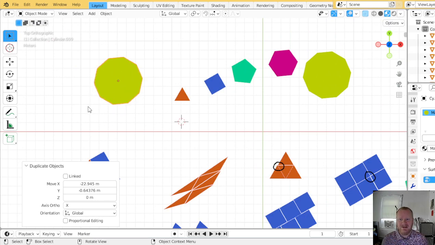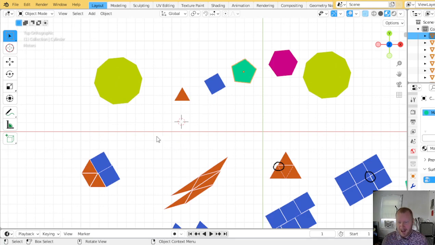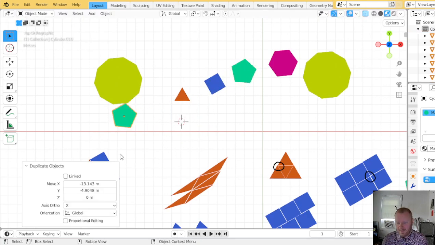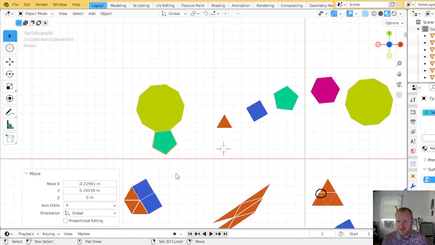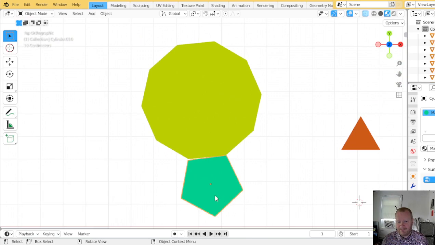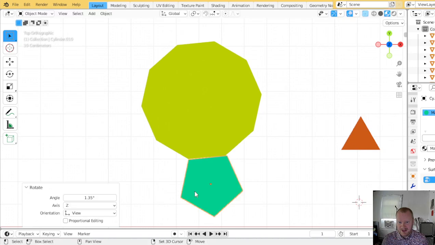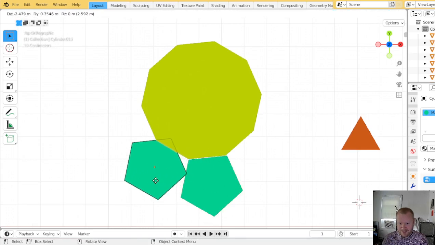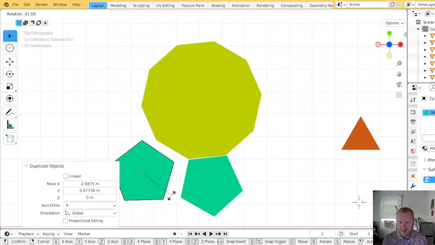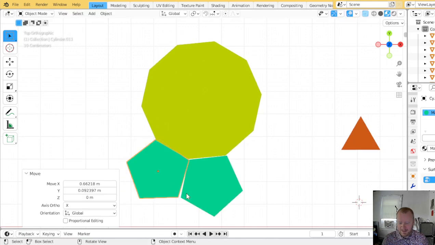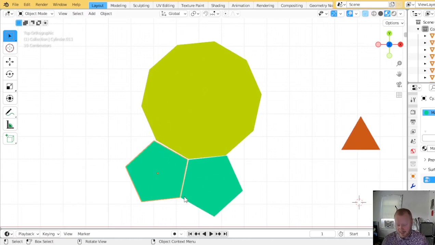So I've got here, for example, a decagon. So this is a 10-sided figure. And I've got two pentagons. So these shapes, it would seem at first glance anyways that these three shapes form a semi-regular tiling, because I can really truly fit, and the angles do work out, right?